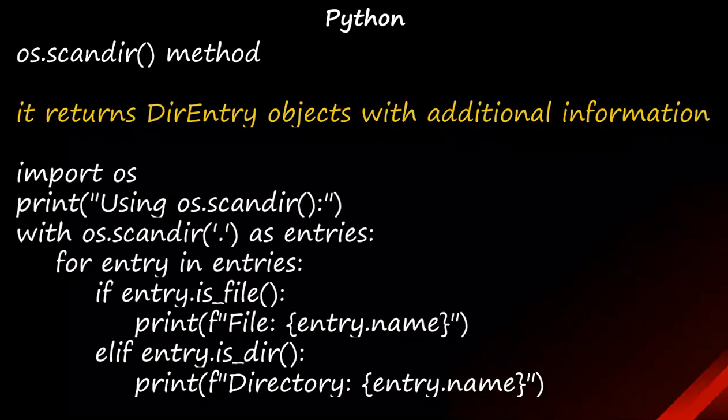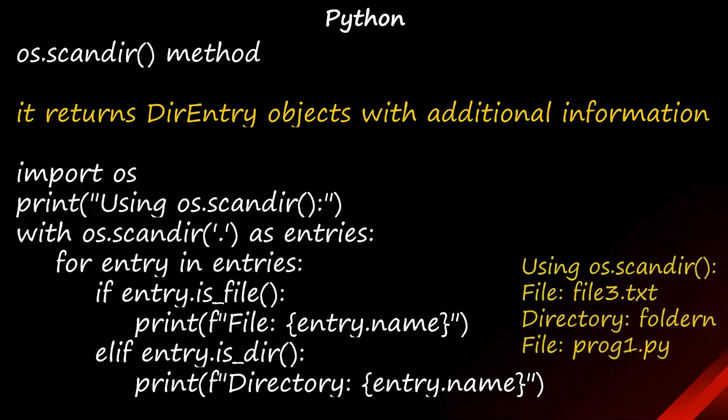Else if it is a directory, using the is_dir function, this will return the name of the directory. So how does the output look? Using os.scandir, if you have a file in that particular location, it will show you the file name. If you have a directory, it will show you the directory name. And you can have information on the directories and files using the scandir method.